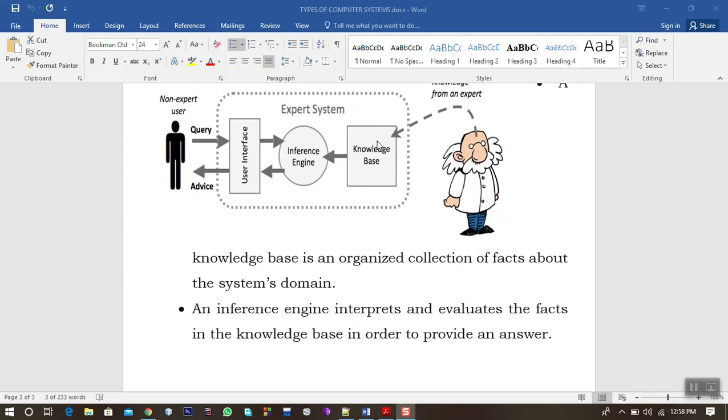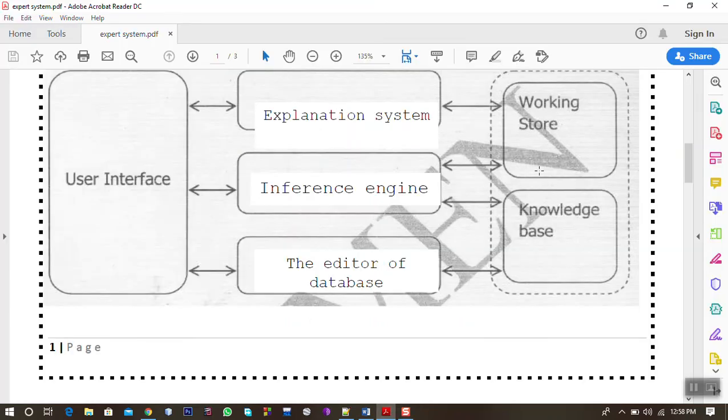Then the rules of engagement of how the knowledge base is going to respond is managed by the working store. And that's why the explanation system is coming from the working store all the way to the user interface. So the user interface is the end user, you the person using the computer, sitting in front of a monitor, a keyboard, and a mouse.